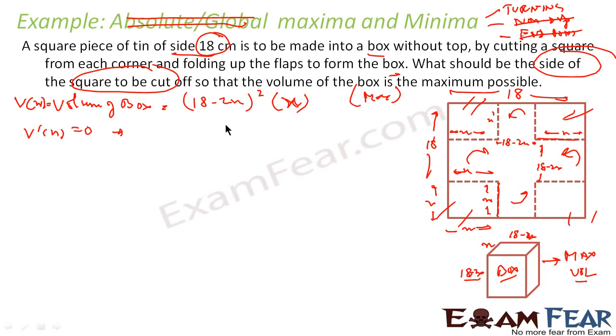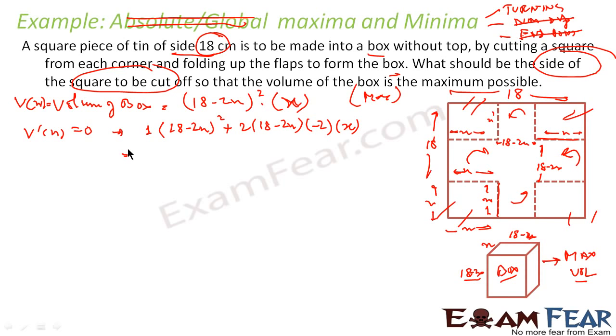So what is the value of V'(x) here? Using the product rule, first differentiate this part, which becomes 1, and keep the other part constant, plus differentiate the other part, so 2 into 18 minus 2x into minus 2, and keep the first part constant. This is my V'(x).